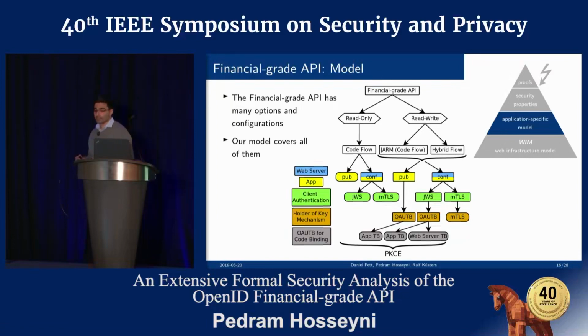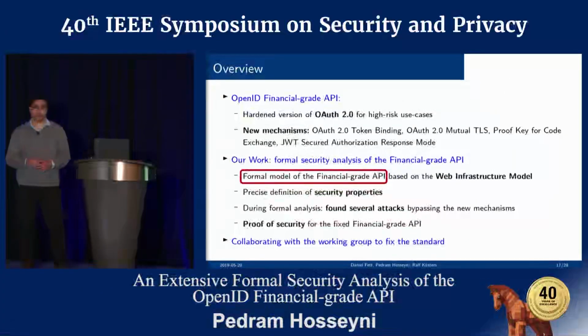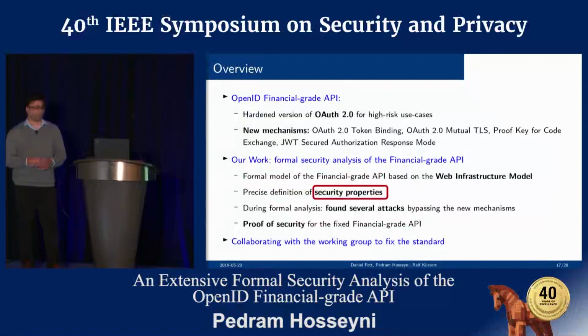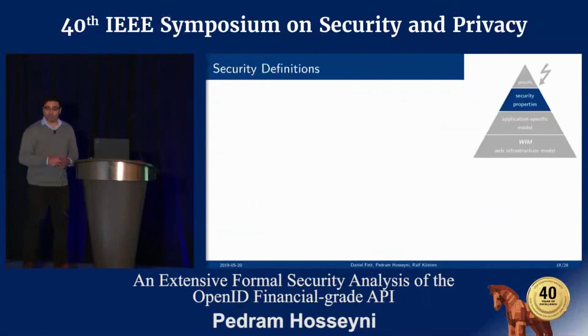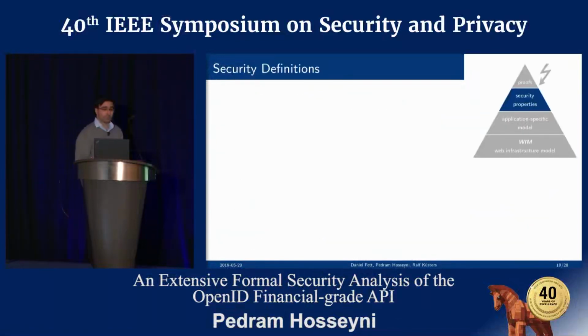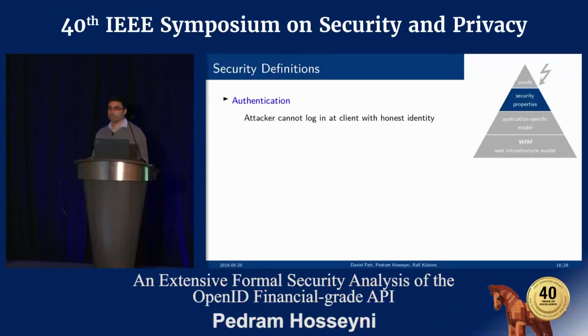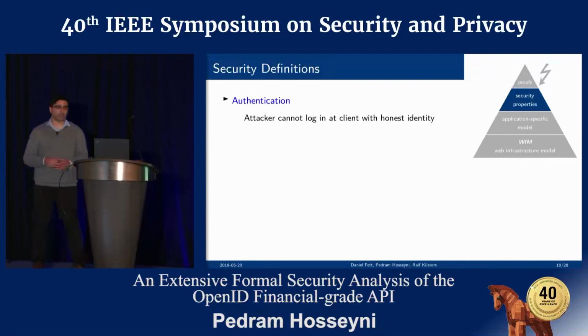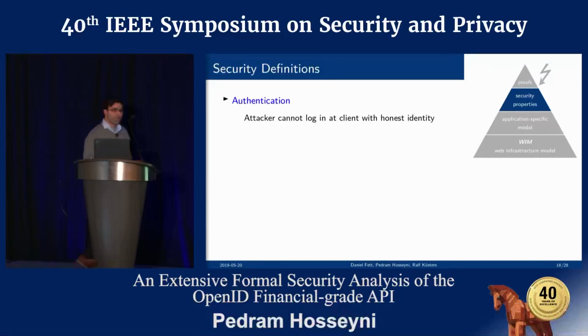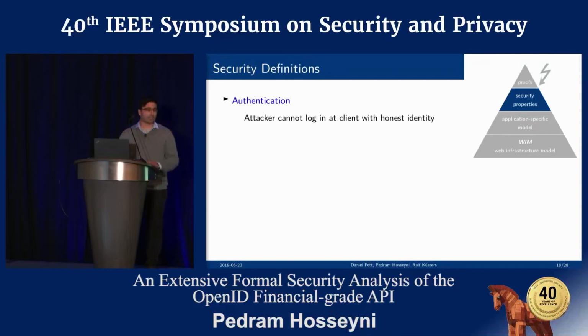And next, we take a look into the security properties that we used for our analysis. So the central security properties are the following. We have authentication, which intuitively means that, well, the attacker should not be able to log in at some client using Alice's identity.